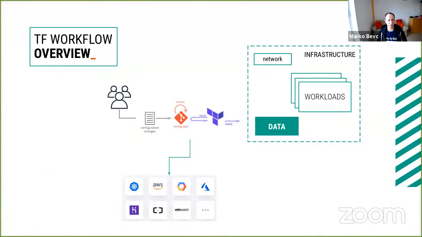All right. So if we start with a really basic thing, how would the typical Terraform workflow look? If we abstract everything away from it, literally it's just a user somewhere who commits their configuration changes in some kind of repo. It doesn't necessarily have to be a repo, right?